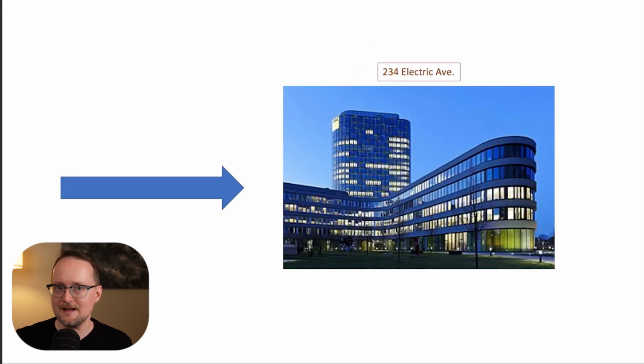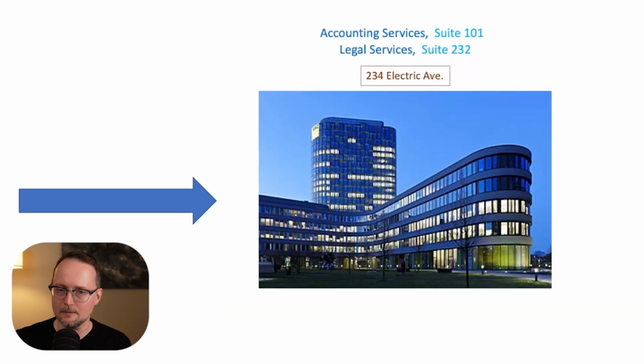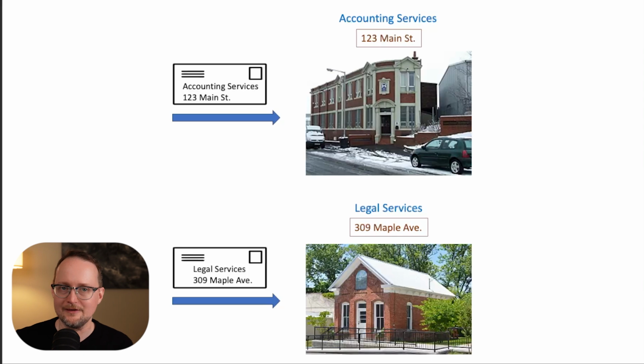In real estate, the way you manage this problem is with a big office building. Now all your services can share a lot of the same infrastructure, and this includes the same physical address. You can see here we have legal and accounting services now in the same building, but they're identified with a different suite number. Going back to our small town example, we had two physical addresses.